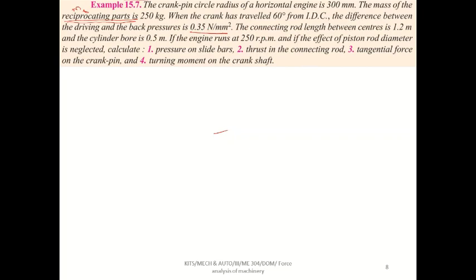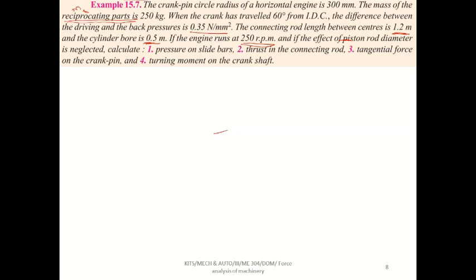The connecting rod length between the centers is 1.2 meter, so they gave the connecting rod L value, and the cylinder bore is 0.5 meter, to find out the area of the piston. If the engine runs at 250 rpm, the N value they gave, capital N, 250 rpm.